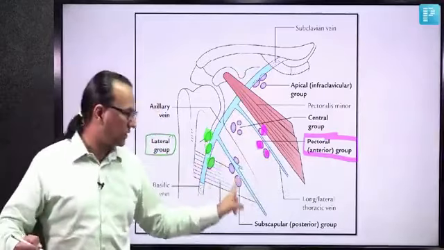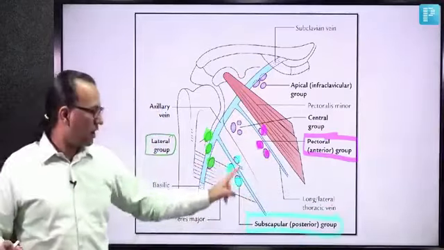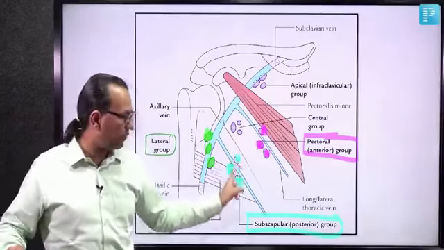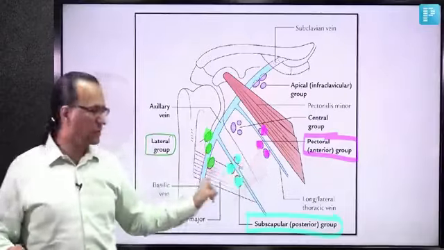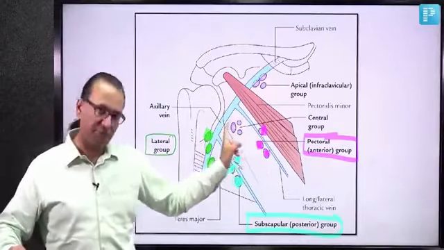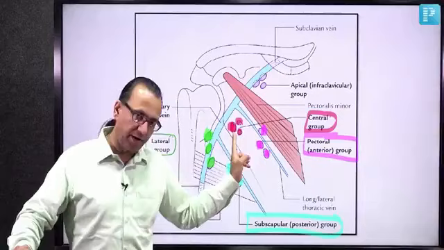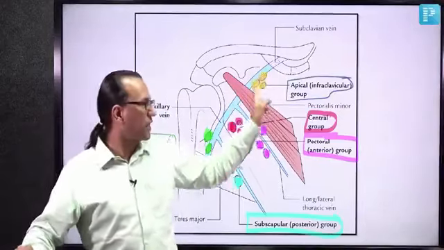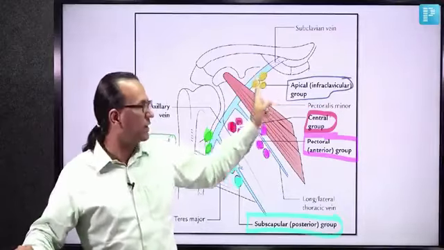Whereas we have the posterior axillary lymph nodes also, and they are on the subscapular muscle running with the subscapular artery and subscapular vein. Now these three groups of axillary lymph nodes will be draining to the central axillary lymph nodes, and the central axillary lymph nodes will be draining towards the apical axillary lymph nodes, which are lying towards the apex of the axilla. This is the last axillary lymph node or the terminal axillary lymph node.